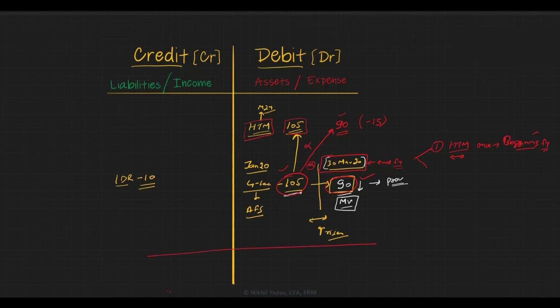Now we can see that the debit side balance has reduced by 15 as we change the book value from 105 to 90. Correspondingly, we'll have to reduce the credit side balance. That happens by debiting the IDR, and since IDR is not adequate, we'll have to debit the P&L as well by 5. So the credit balance decreases by 15 as well. The trial balance is tallied. The size of the balance sheet has shrunk by 15.